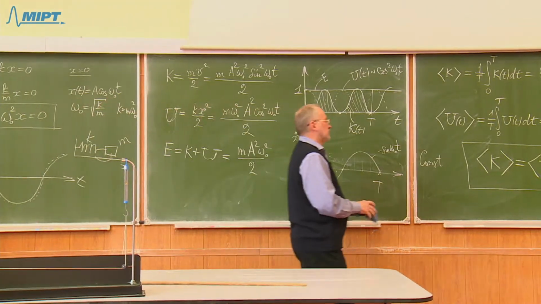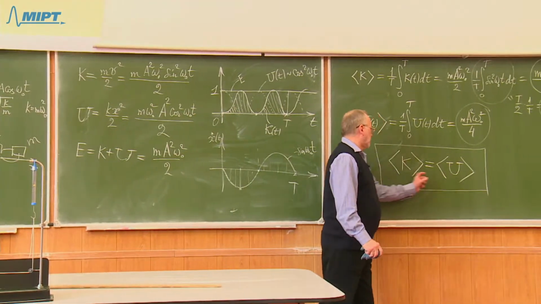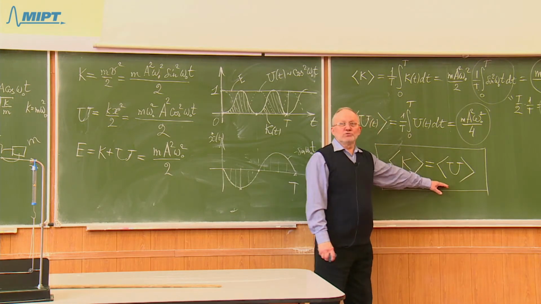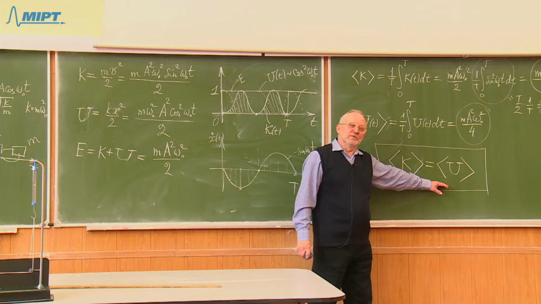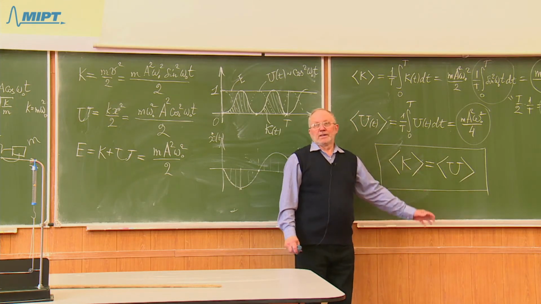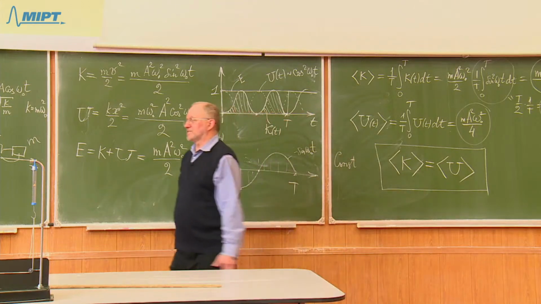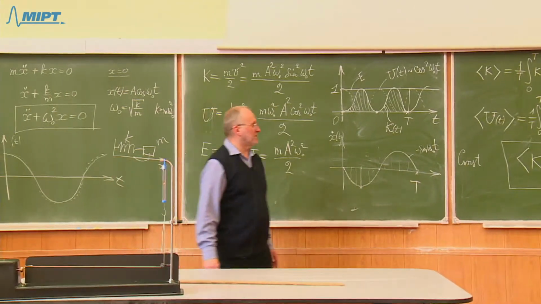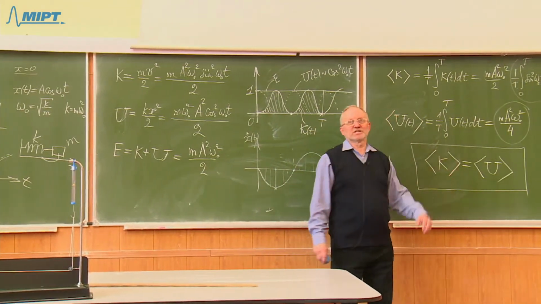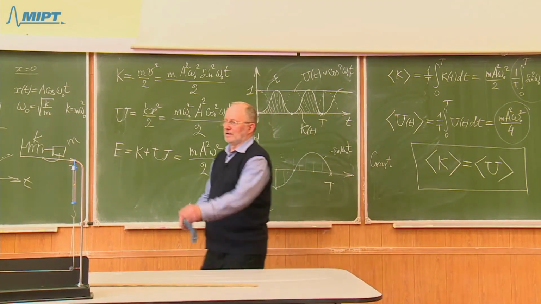And you should understand that this equation is true only for harmonic oscillations. If your oscillatory system is anharmonic, then there will be some difference between the average potential and average kinetic energy.